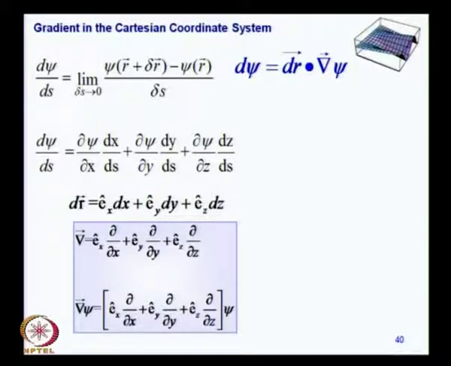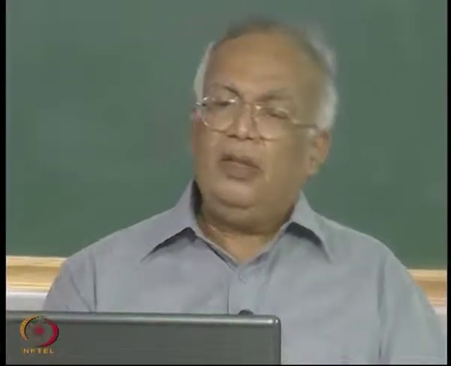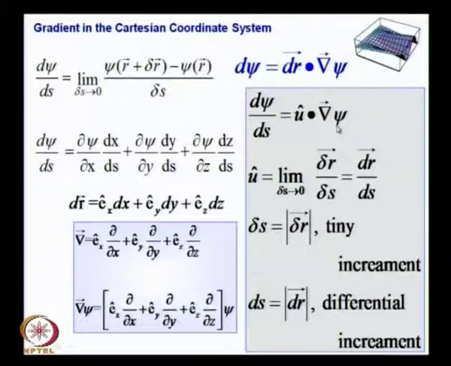The rest of it is elementary vector algebra which automatically comes out. So, this actually gives us the definition of a gradient vector.